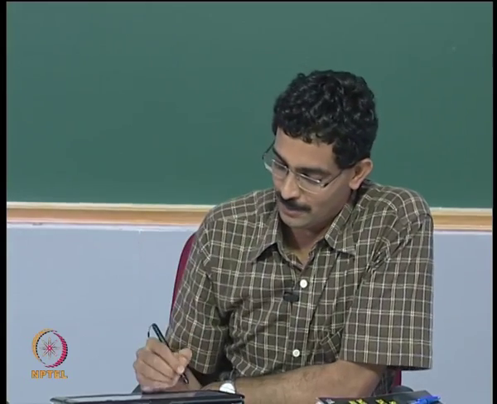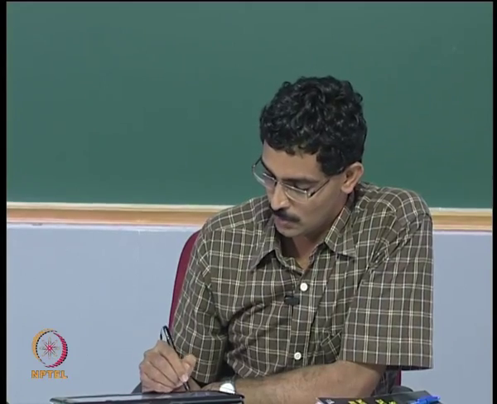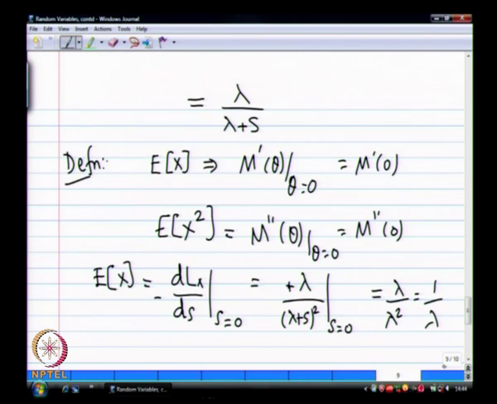So we saw that E of x is now 1 over lambda. So what is E of x squared? Is it 1 by lambda squared? Look again. E of x squared is not that, it's 2 by lambda squared. So you have lambda by lambda plus s whole cubed. What is the differential of that?